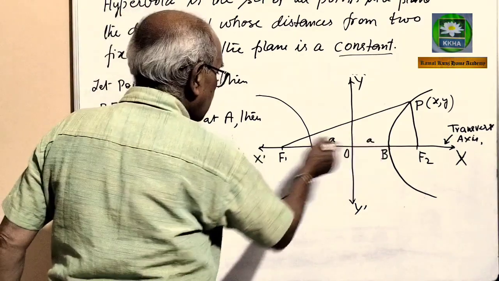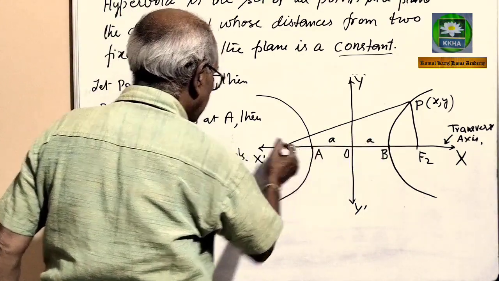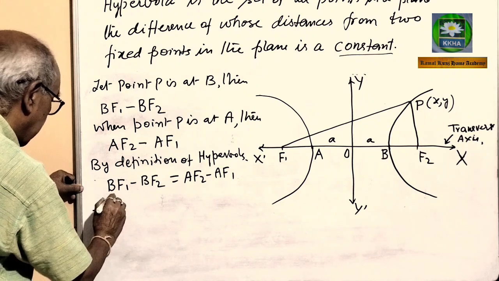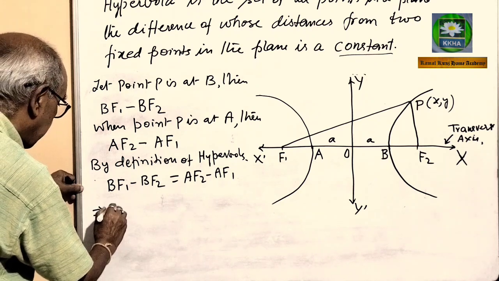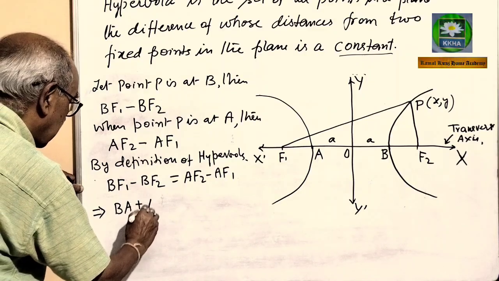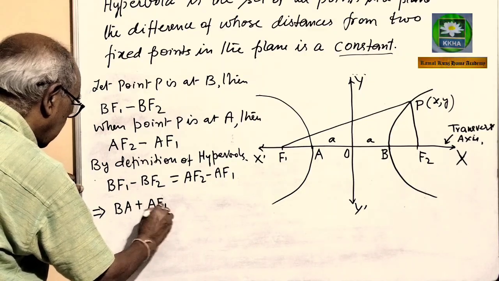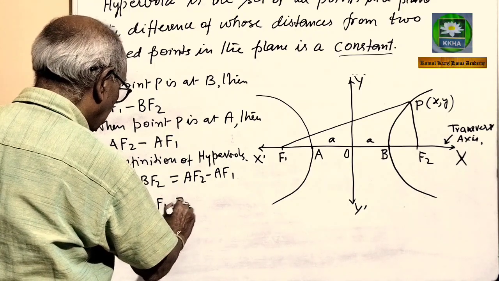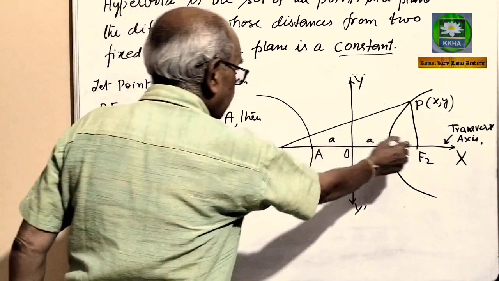What is BF1? BA plus AF1. So BF1 is BA plus AF1, equal to, what is AF2?